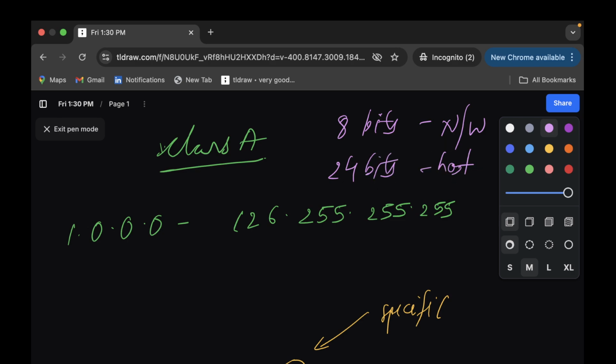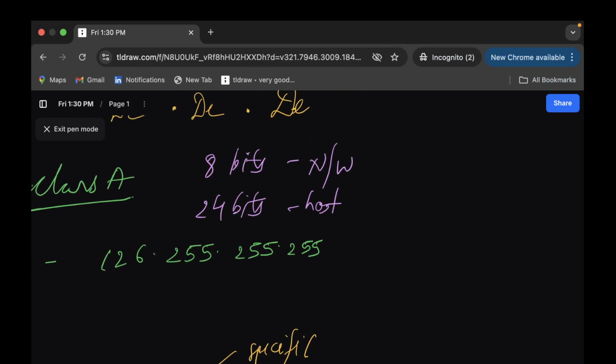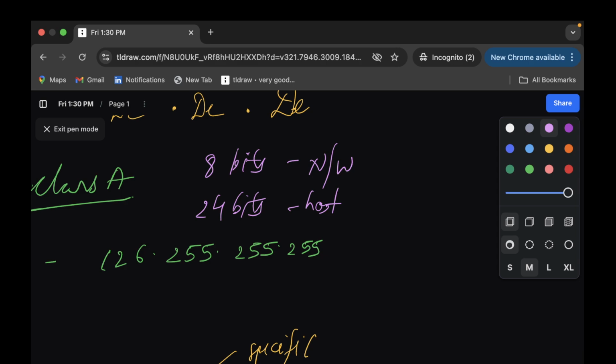So when we allocate this type of IP address with 24 bits for the host, the number of devices possible on that specific network is 2 power 24 minus 2, right? Because in all it's going to be 32 bits. Okay, so if you say this as 8 bits, let's say this thing.